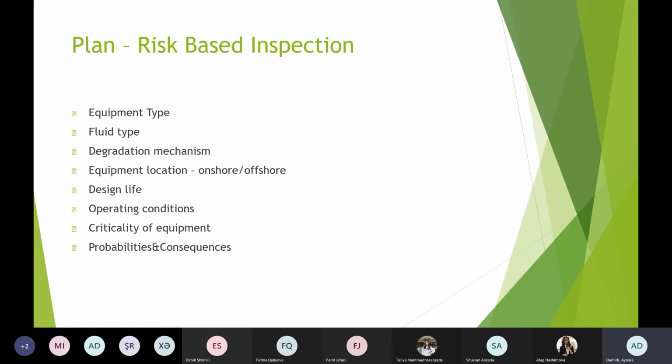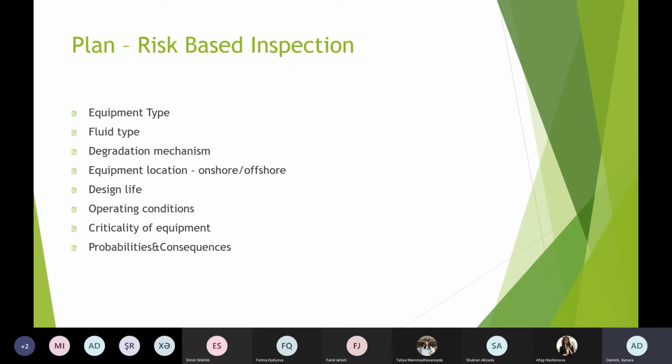Is it corrosion, erosion, or does the fluid contain microorganisms? How does it affect internally, externally, like atmospheric corrosion, like if it's insulated or coated? We need to know what degradation mechanisms are applied.